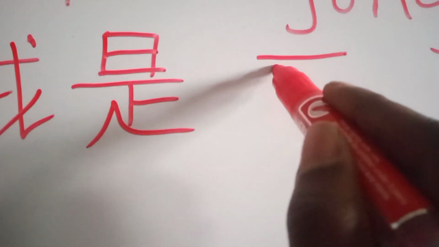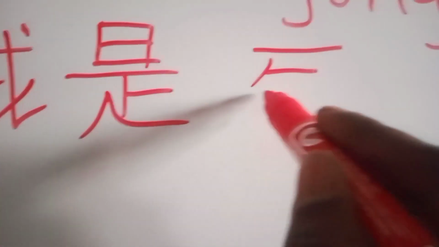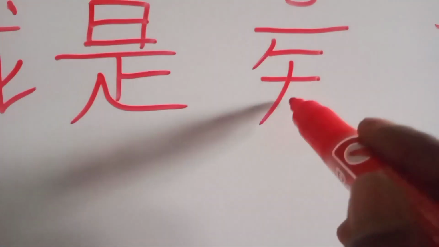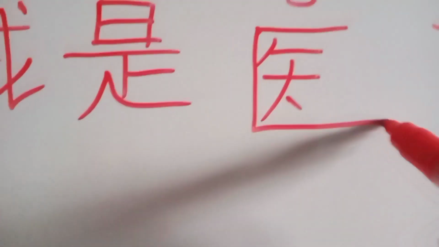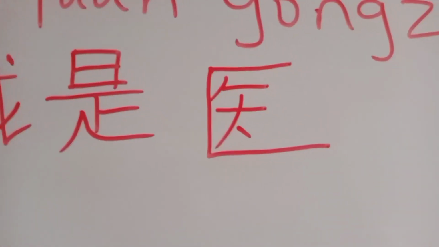We are meeting 医生 for the first time. You do like this. Then go like this. Did you see it? Go like this, like this, like this, and close this thing. Do we need to write it again?